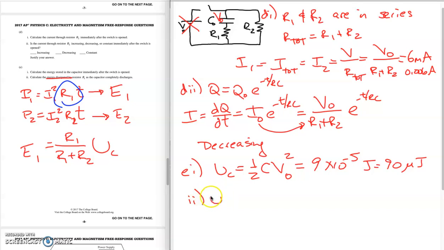So U1 is going to be, what did they tell us? 150. So 150 over the total resistance, which is 250, times the amount of energy that was put into the capacitor. Well, that's going to be 3/5 of the total. So 3/5 of 90 gets us 54 microjoules.